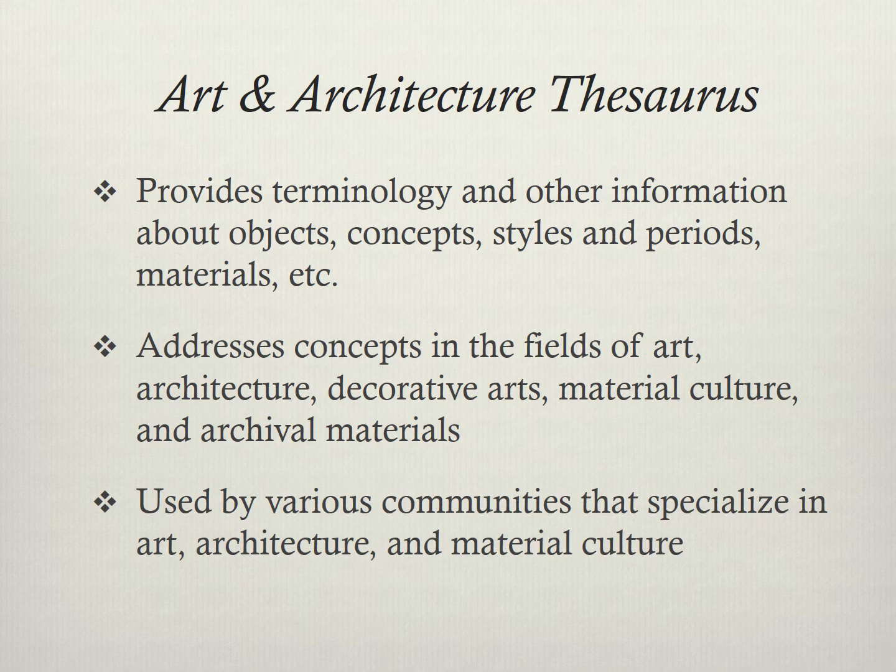The AAT began in the late 1970s. The initial vocabulary was gathered from terminology already being used in authority-controlled lists and in the literature of art and architectural history, and then they built off of that. By the early 1980s, after years of technical advice and financial support from the Getty, the Getty Trust actually took over the editorial responsibility for the Art and Architecture Thesaurus, and it now owns and operates the vocabulary.